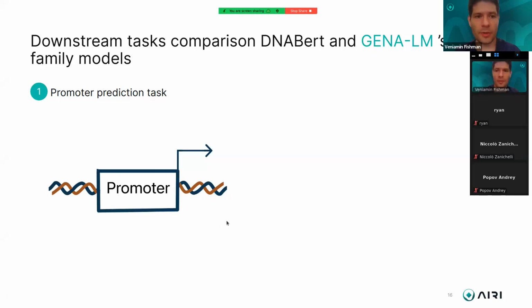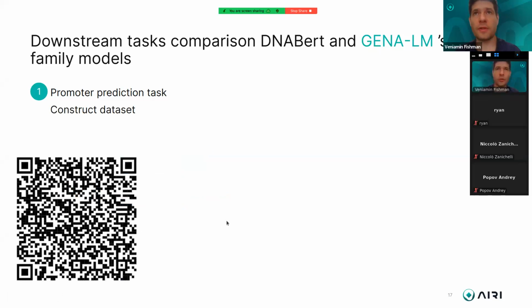To make this a bit more interactive, I will be showing some code snippets, but since it might not be very easy to follow just from slides, I also put a QR code here, which will take you to a Jupyter notebook with the same code. So after the talk, you can study it thoroughly.